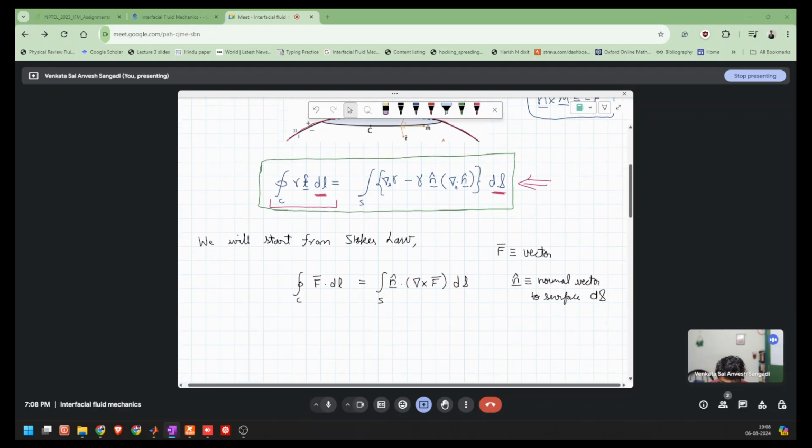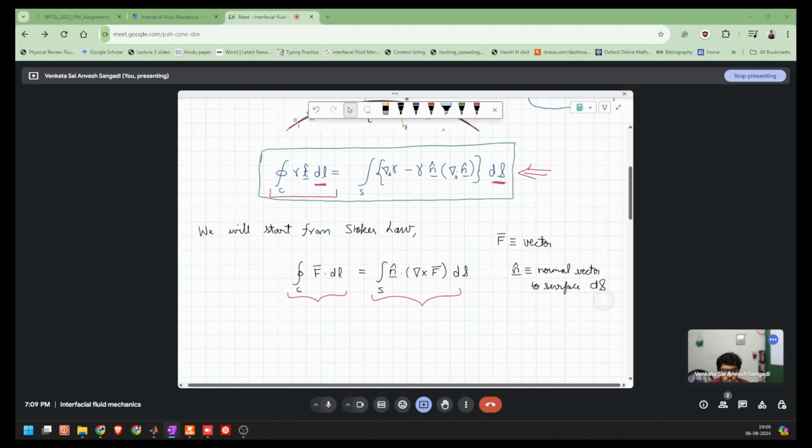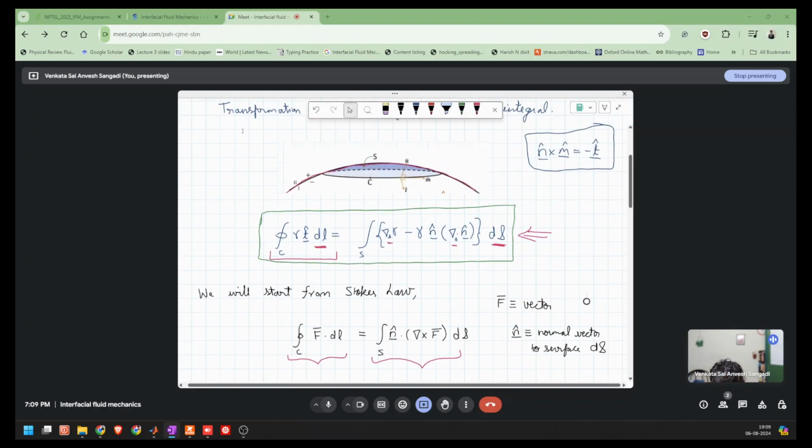So we know that the Stokes law or the Stokes theorem is used to help convert a contour integral as shown here into a line integral. But if you notice, these are in terms of the vector f, but we need it in terms of the surface gradient terms as we see here. So I'll set up the problem.